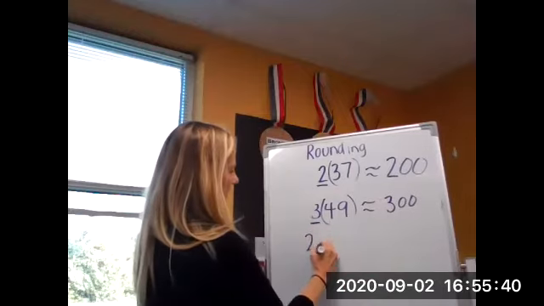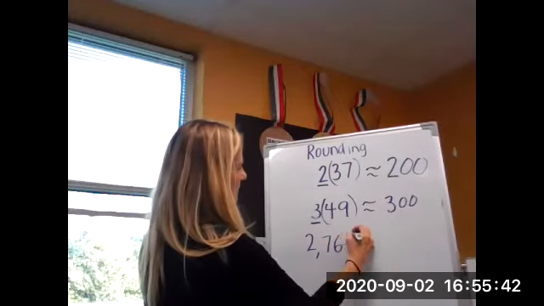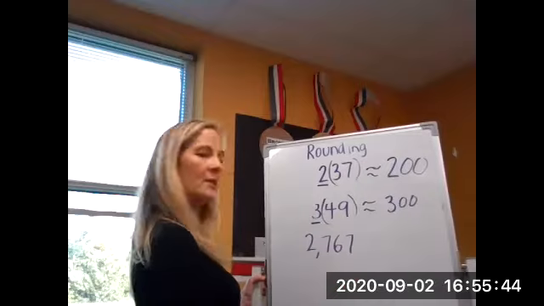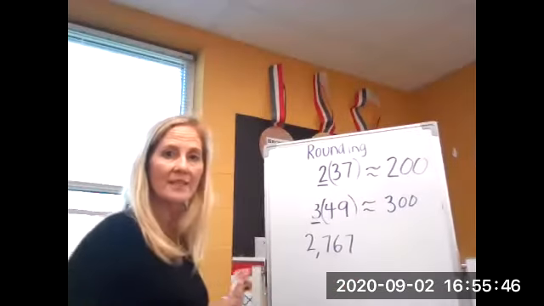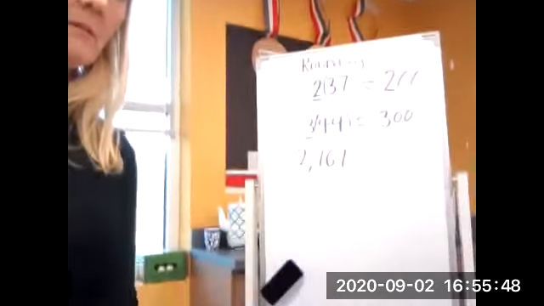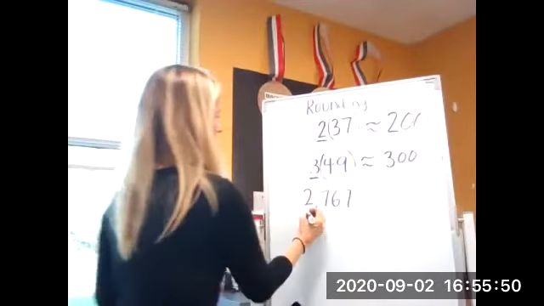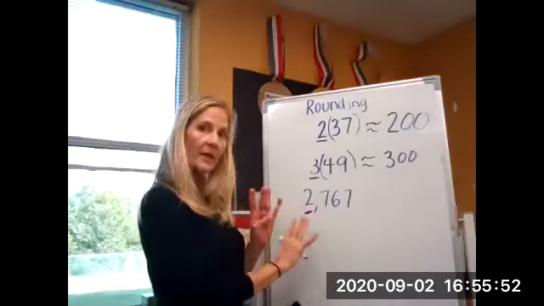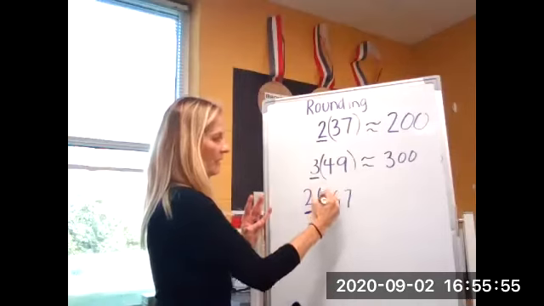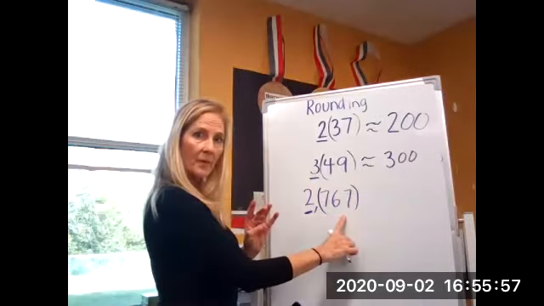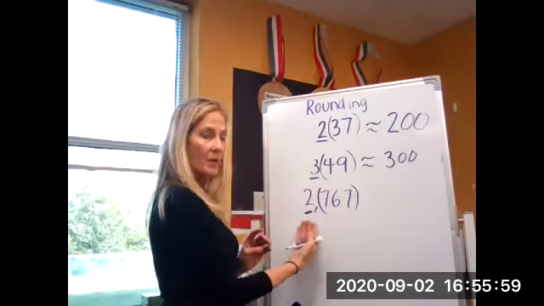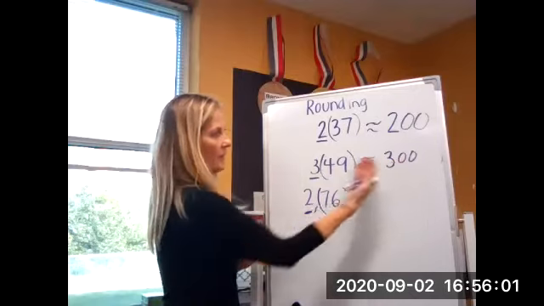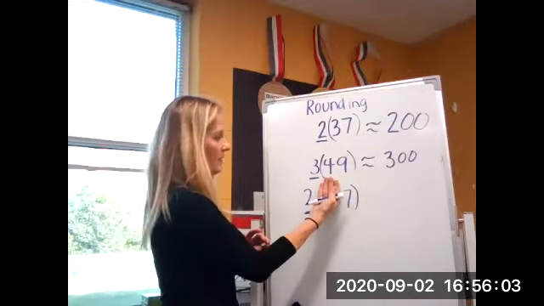What about, okay, let's round this number to the nearest thousands. There's my thousands place, so I definitely have 2,000. But I'm going to consider what else is in the number. This is all one number. We want to make sure our rounded number is close to our original number always.